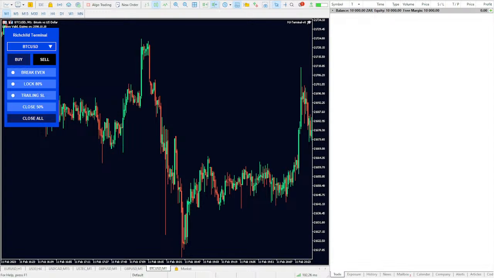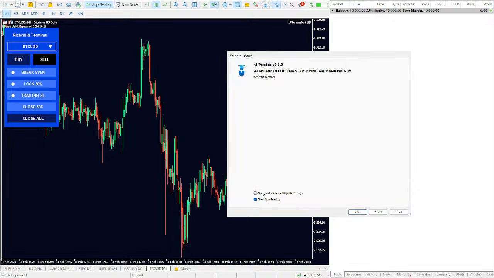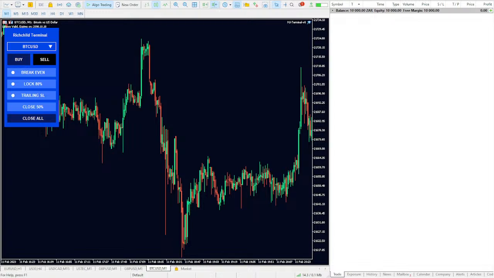So look, guys, here is where trades are going to be placed, and you're going to see what's going to happen. I turned on my algo trading. Let me just make sure that algo trading is also activated on the EA itself. The EA is blue, which means it's ready to trade.